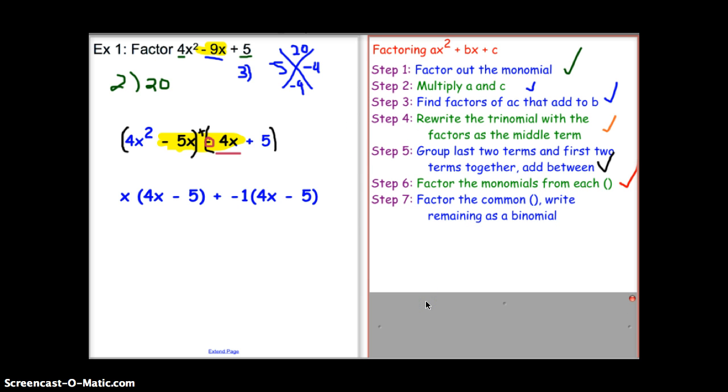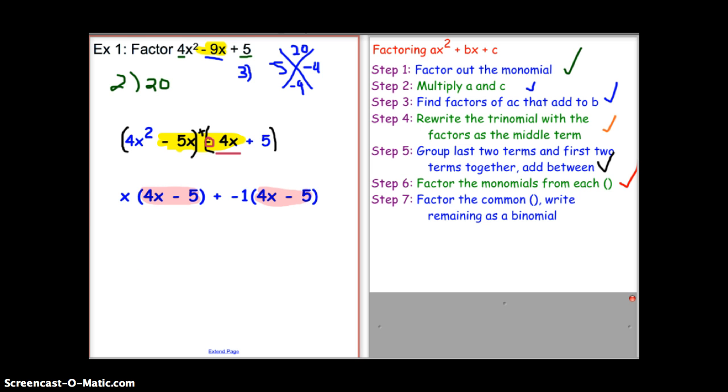Finally, step 7, we're going to factor out the common parenthesis and write the remaining as a binomial. Not sure if you noticed, but look at our parentheses. If you've done this correctly, you should have the same thing inside your parentheses.